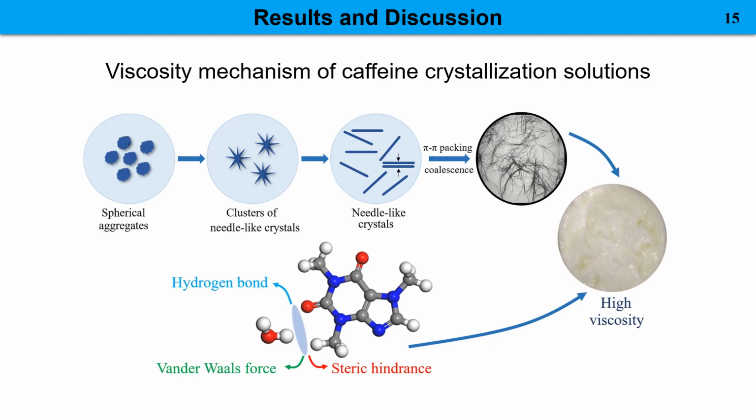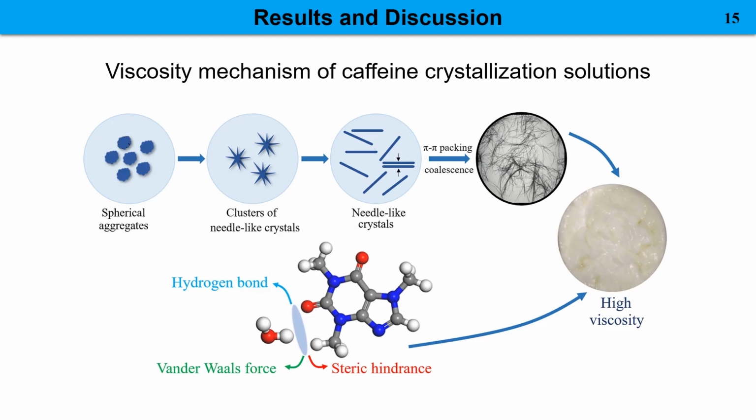Simultaneously, the elongated needle-like crystals of caffeine provide a larger specific surface area, which increases the probability of adhesion, resulting in higher viscosity. The viscosity observed in this study is primarily attributed to the interaction between caffeine and water.